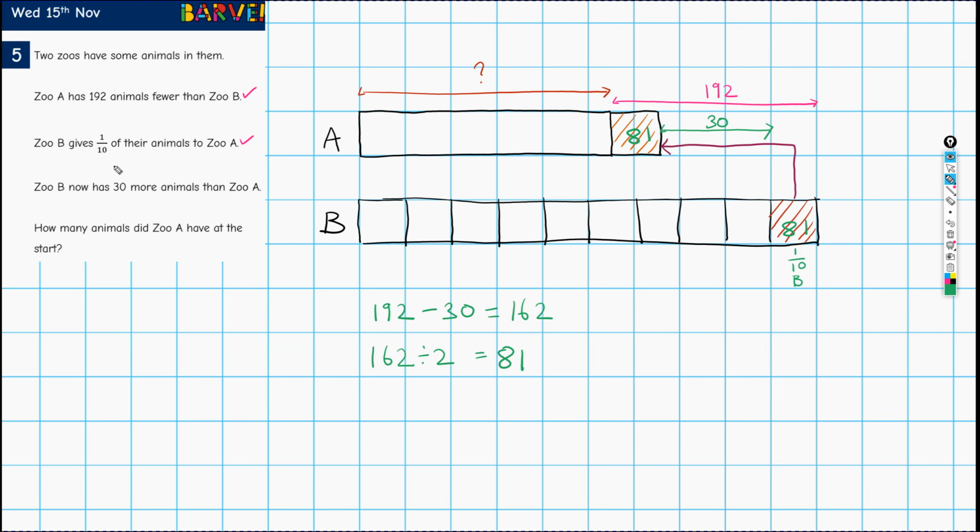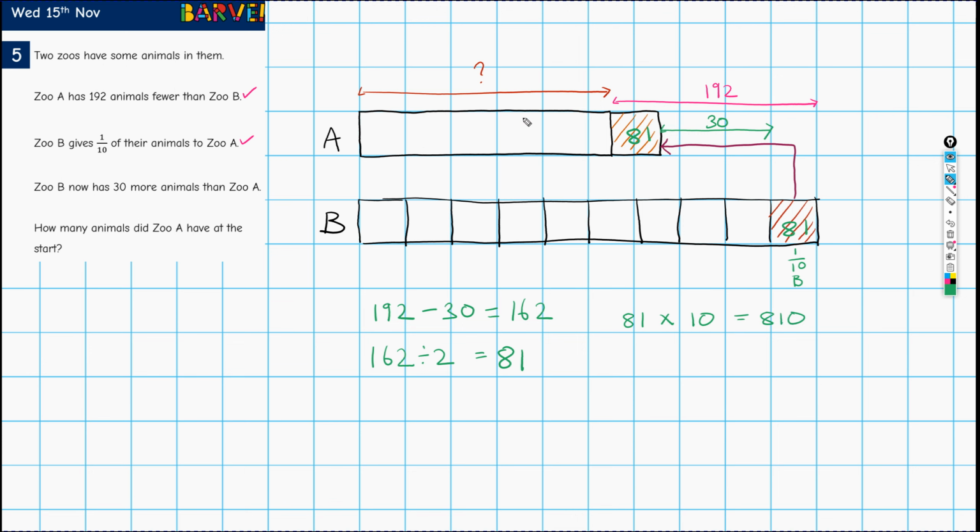Let's go back to our question. It says, how many animals did Zoo A have at the start? Well, to calculate that, I need to calculate B because I know A's value in relation to B. So if this is 1/10, then B has 81 times 10, which gives us 810.